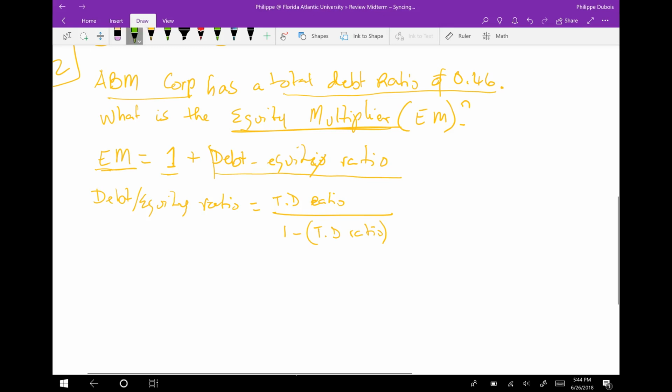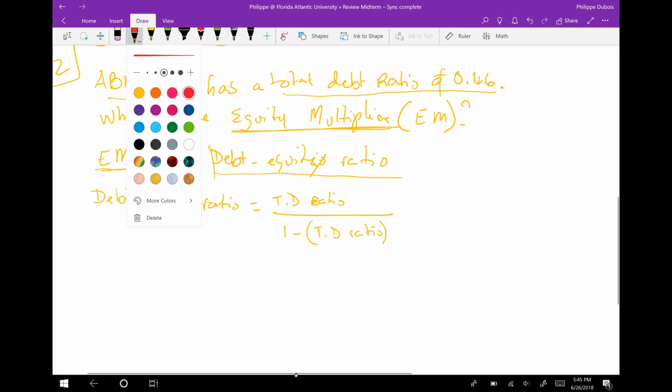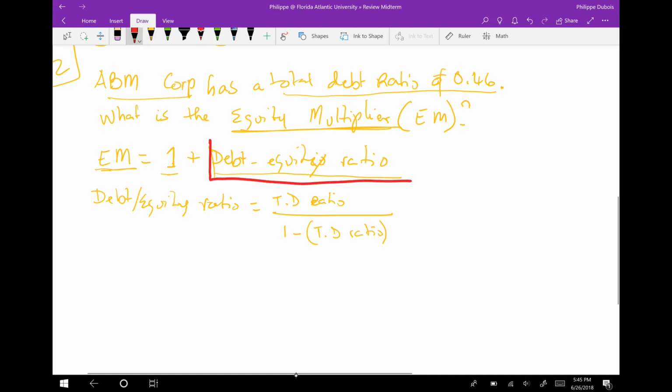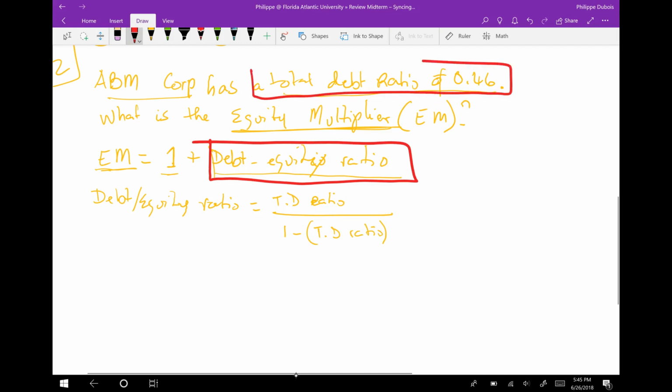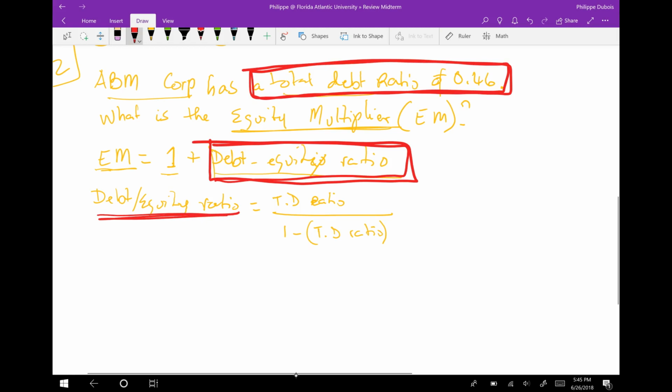Your debt to equity ratio is very different from your total debt ratio. Two different things, okay? The formula for debt to equity ratio is your total debt ratio over 1 minus the total debt ratio.